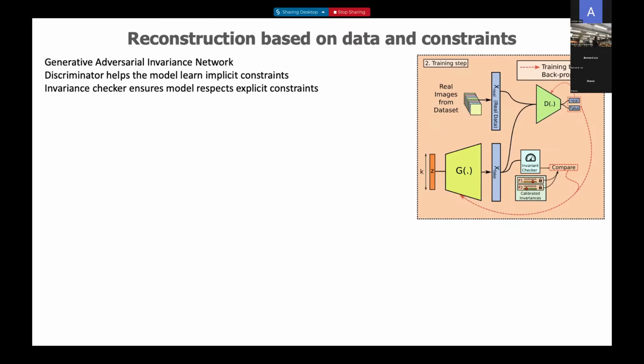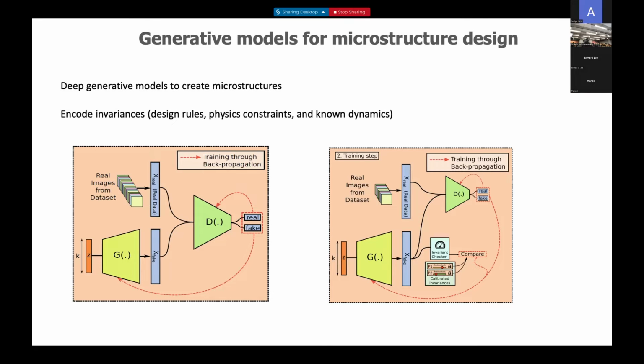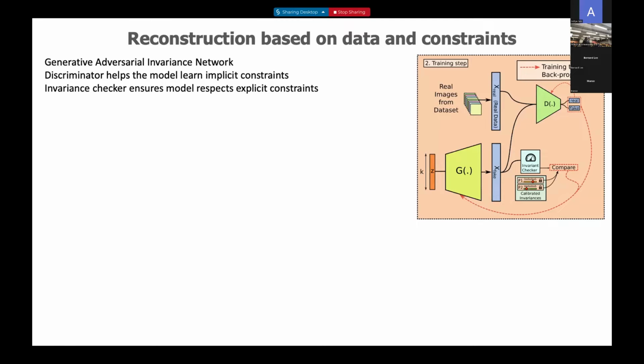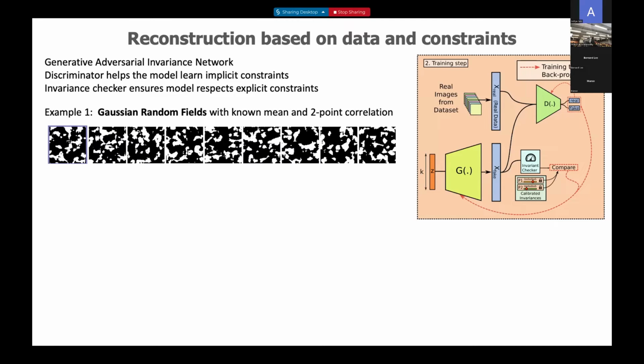Excellent question. Very quickly, I'm going to go through some of the earlier work that we have, where we show that for simple constraints of statistical invariances, we're able to enforce the invariances. I'll give you some vignettes on where this actually seems to work very well. Here's an example.